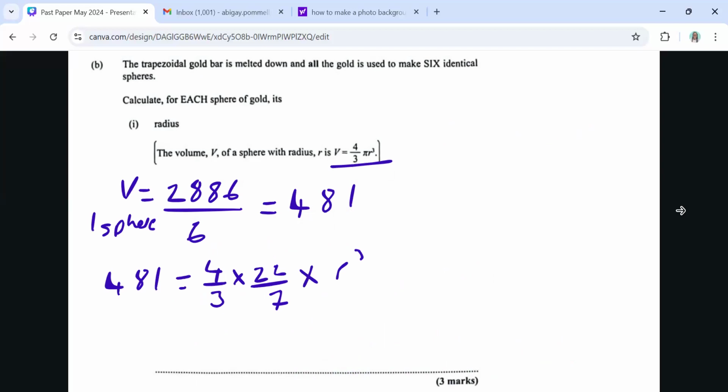Okay. So I'm going to carry everything over here. I'm going to flip everything because when you change sides, you're going to divide. Or do I multiply these first?